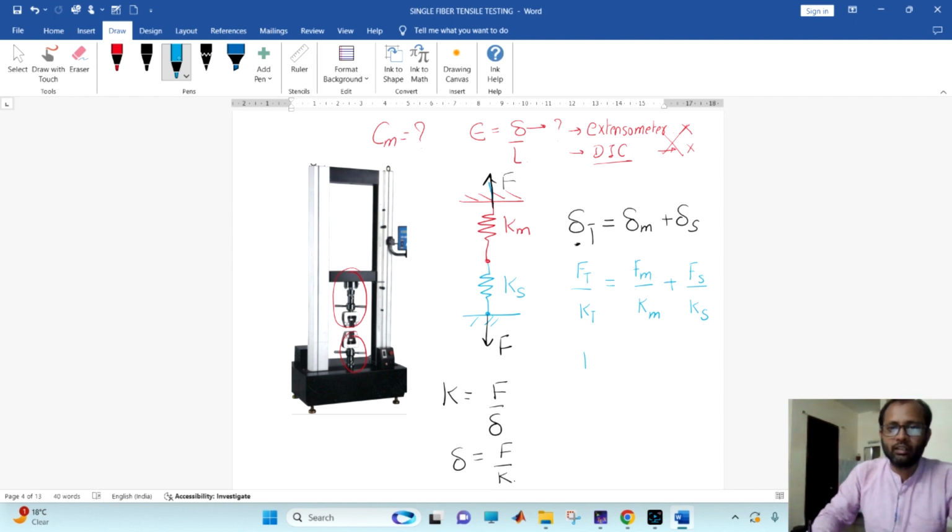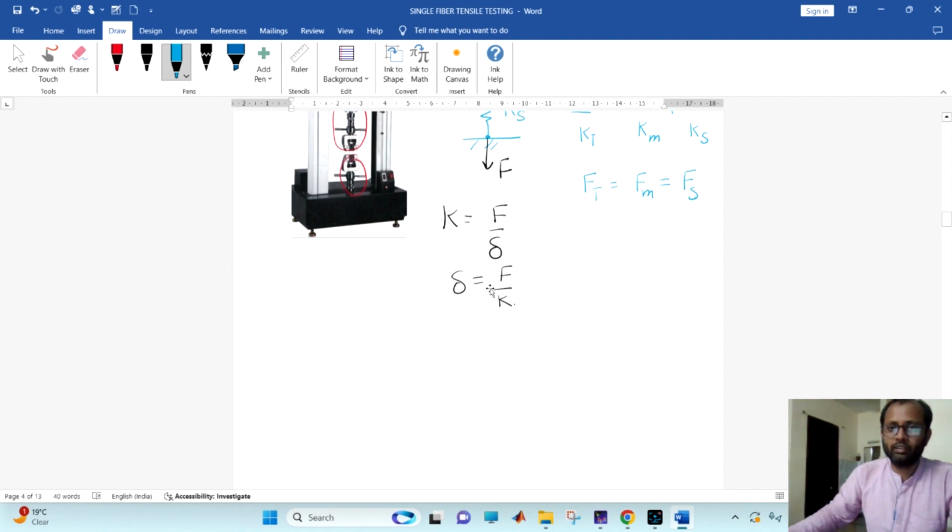We know all these forces are in series, so they are equal.